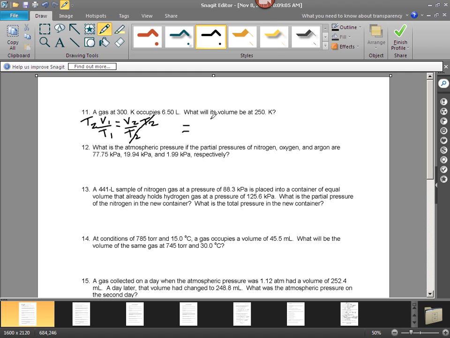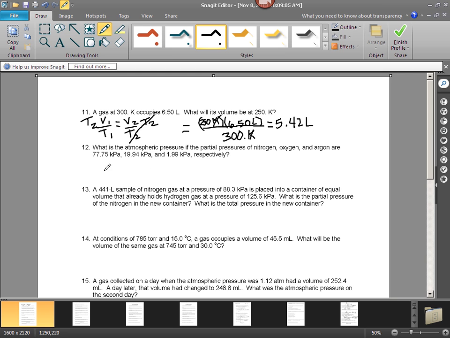So that will look like 250.5 Kelvin, and the original volume was 6.5 liters divided by the original temperature, which was 300 Kelvin. Kelvins cancel, we're left with liters. We do the math and it comes out to, with 3 significant figures, 5.42 liters.